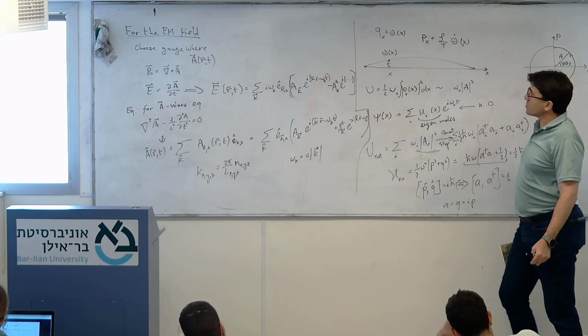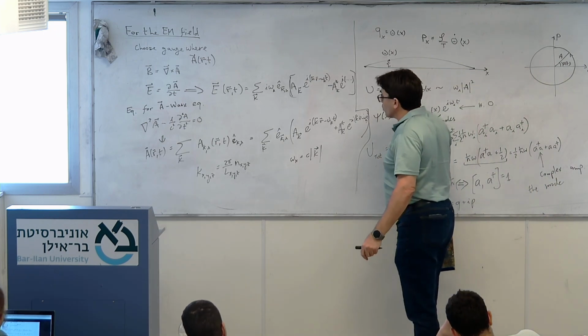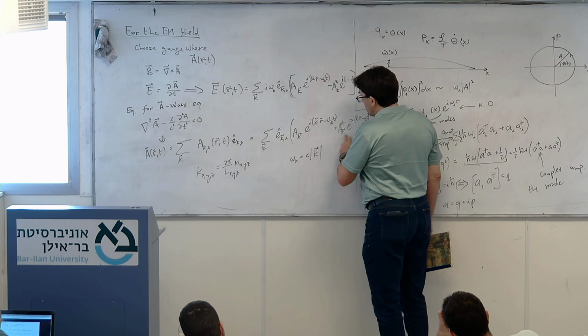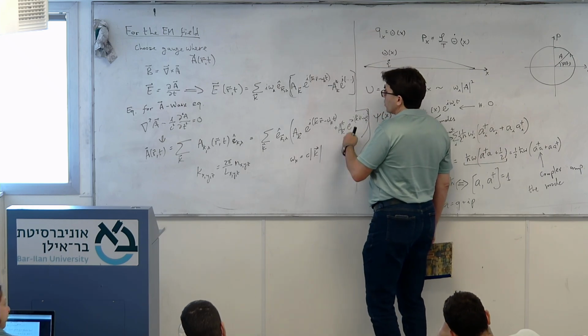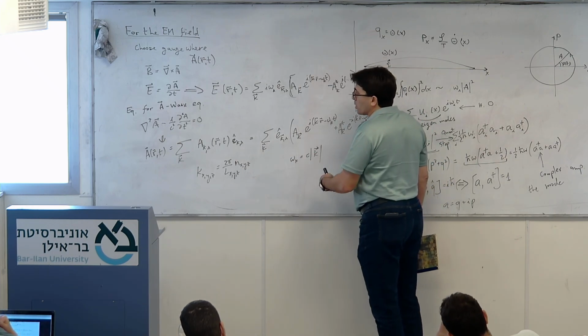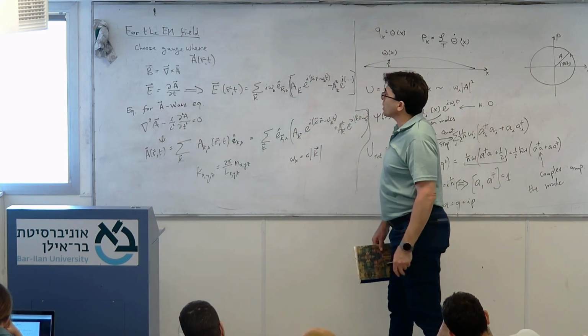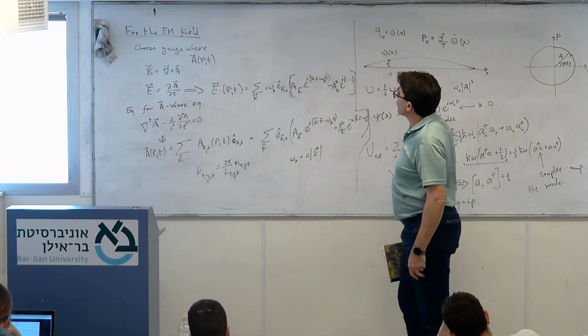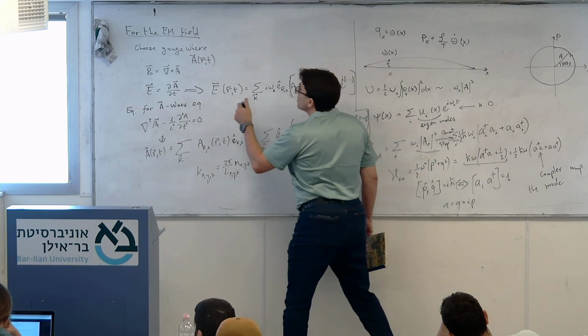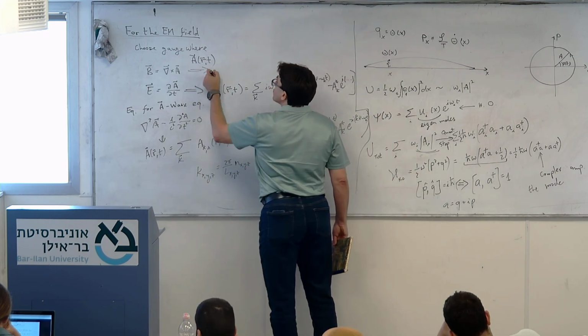So we expressed now, if I know those modes, then any coherent summation of those modes will make a vector potential. And from that vector potential, I will immediately extract the electric field or the magnetic field.